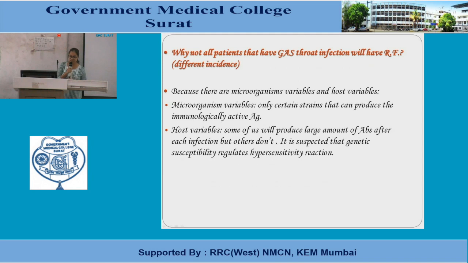Only certain strains can produce the immunologically active antigen. And the host variable: some of us will produce a large amount of antibodies after each infection, but others do not. This is the cause, that is why not all individuals having throat infection will have rheumatic fever.